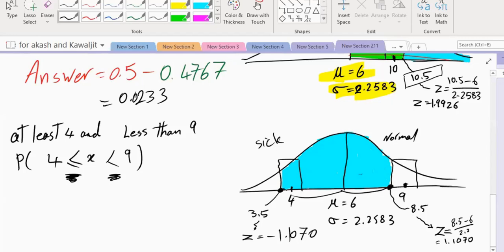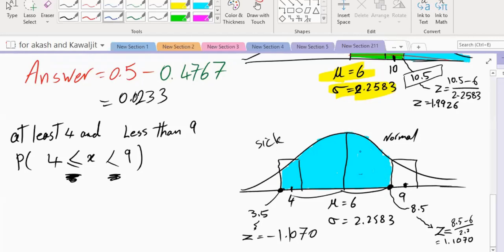So go to the normal distribution and simply find Z of 1.107. Of course, we don't have 1.107. The closest would be 1.11.